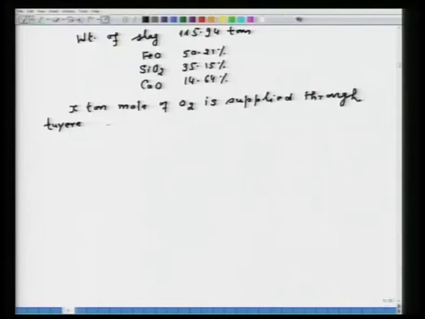And I am considering y ton mole of CO and CO2 at the exit. Rest I do not have any other information except this, because it says 90% carbon to CO and 10% to CO2. So, I cannot make any nitrogen balance in order to calculate the volume of the blast, nothing I can do. This is the information I have.